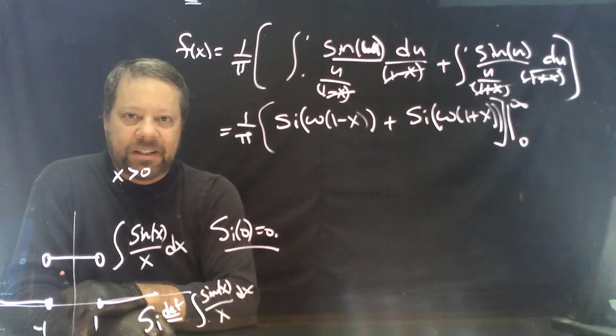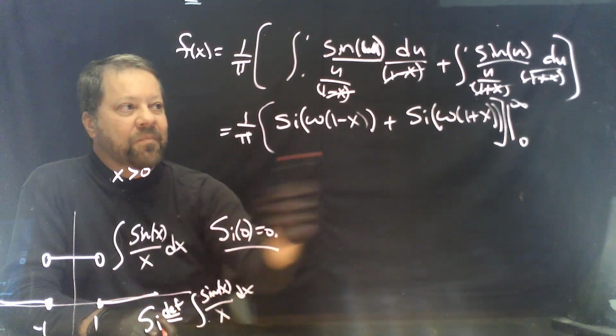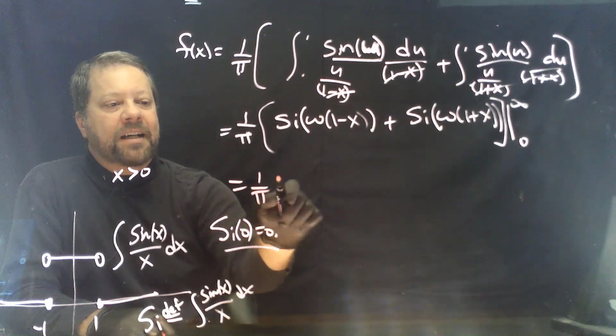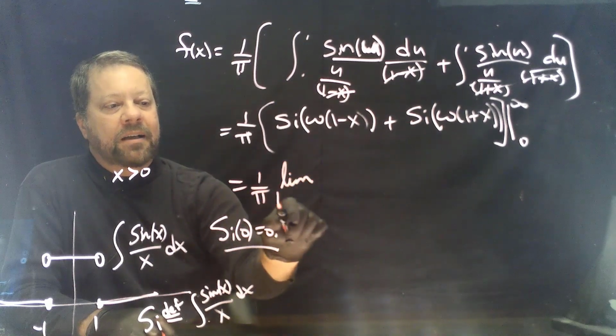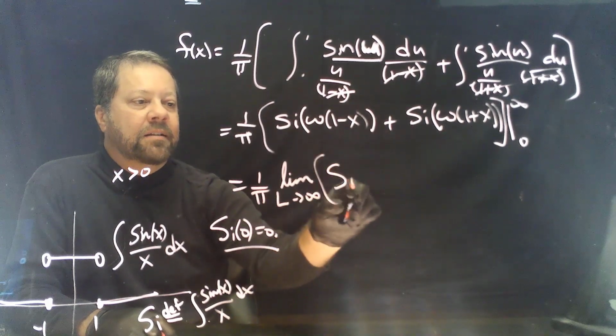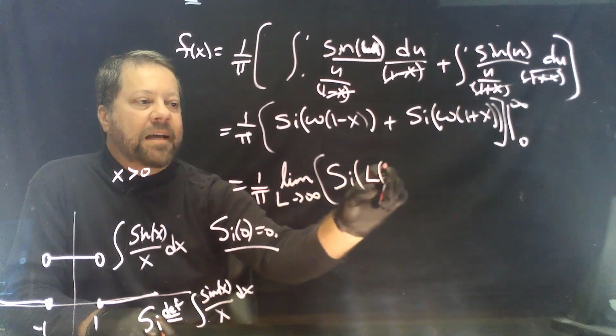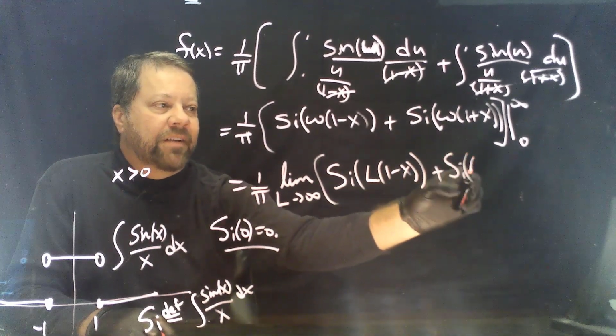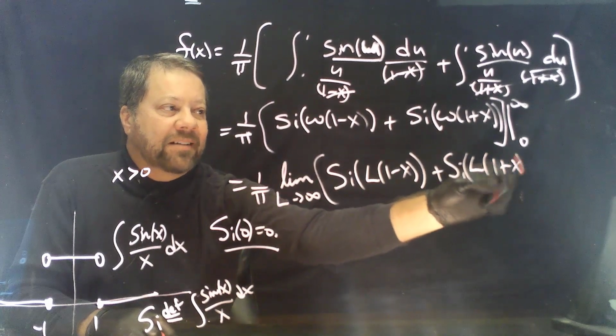So you expect to get 0 with the constant of integration being 0. And so we end up with 1 over pi times the limit as L goes to infinity of the sine integral of L times 1 minus x plus the sine integral of L times 1 plus x.